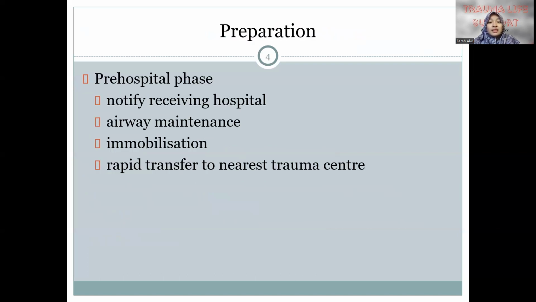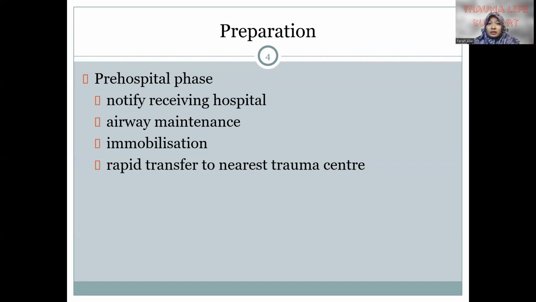So the first step is preparation. In preparation we have two phases: pre-hospital care and hospital phase. In pre-hospital care, before you even arrive at the scene, the paramedic has to know where the nearest healthcare center is that you can bring the patient to.